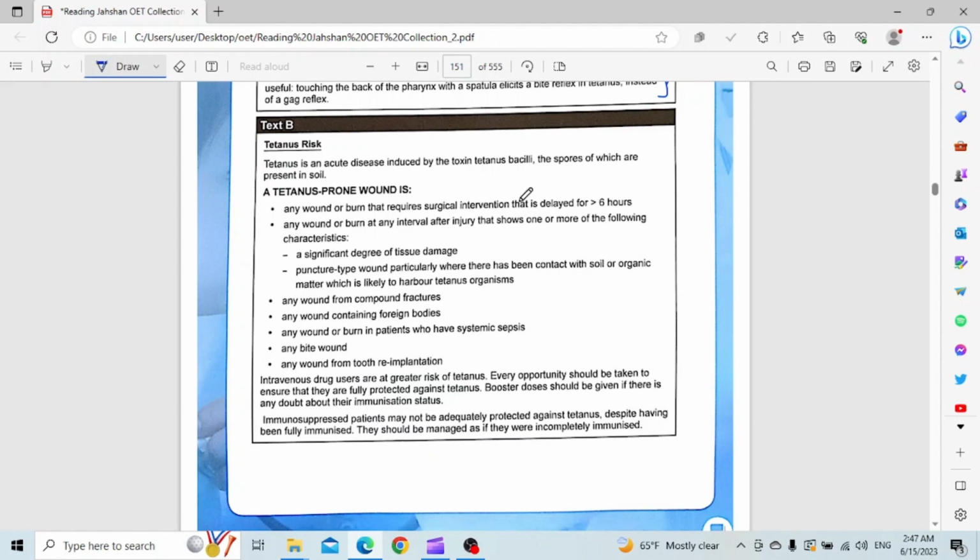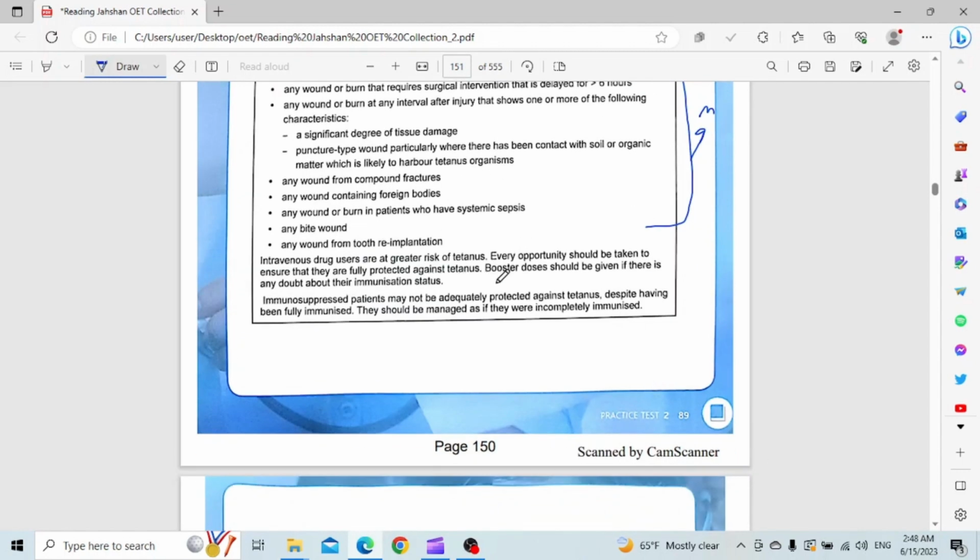The spores are present in soil, so I note where it can be found. Tetanus-prone wounds: this is all about risks, isn't it? What makes it more risky? I give it a title, risks. Then I go to the next one.